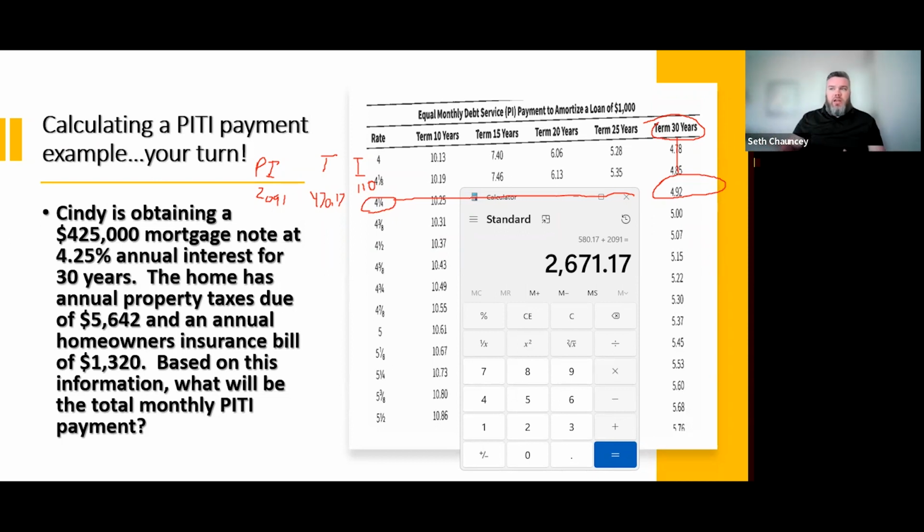Nobody panic if you're not quite 1,000% grasping this yet, because even though it is math and money, and those are familiar, it is such an abstract concept with the PITI payment, because most of us just think, I pay this much a month and that's it. You don't really think about where it actually goes and how it's allocated, and the difference between your debt service and everything else. So this is unique.